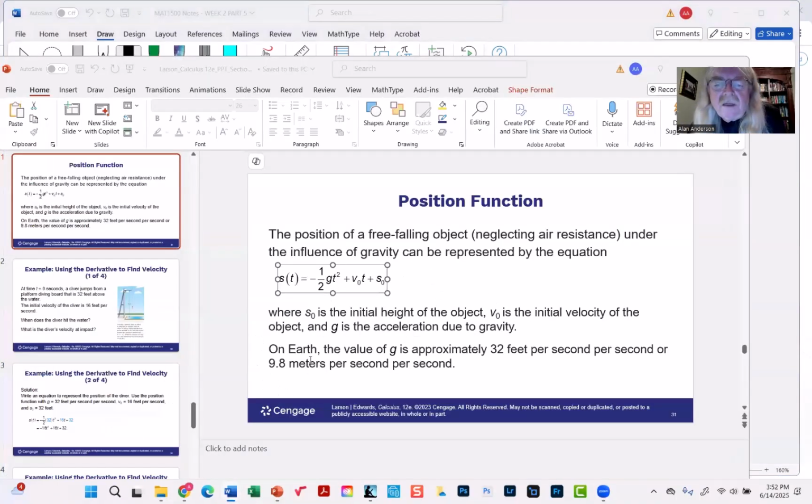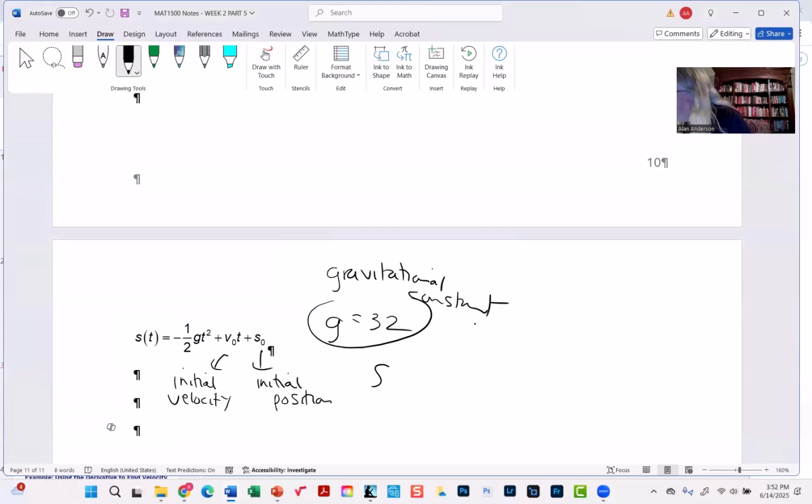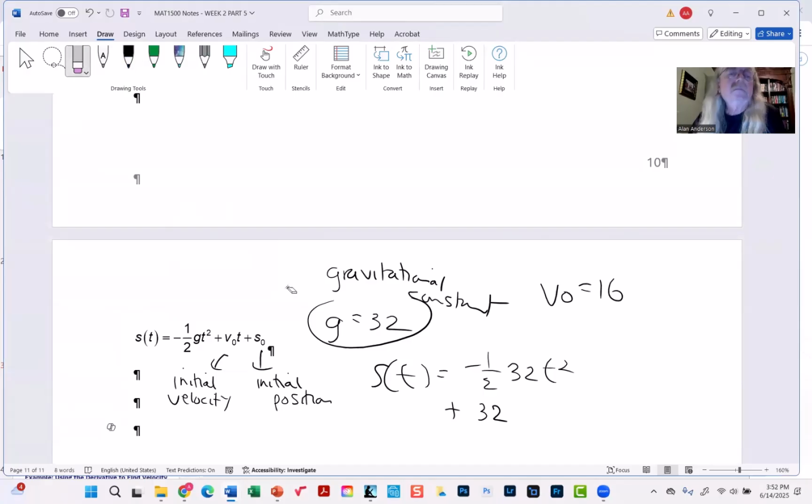So what do they want to know then? So if you plug in all these numbers, wait, sorry, they gave us the initial velocity at 16. And then S0, the initial position, is 32.